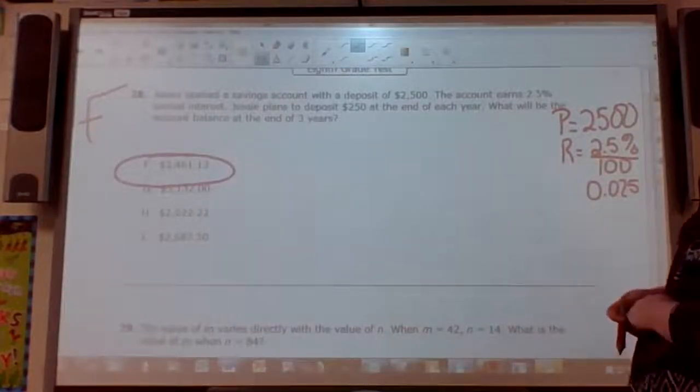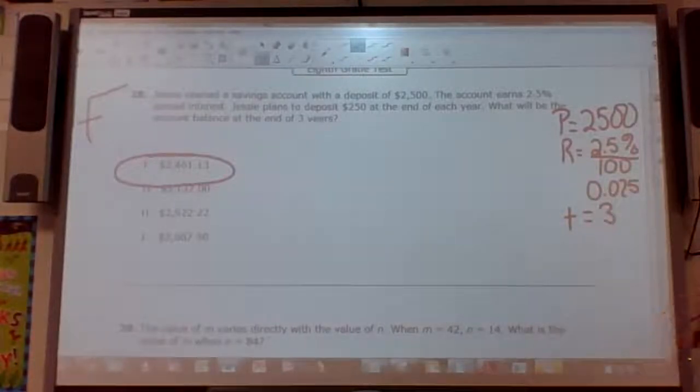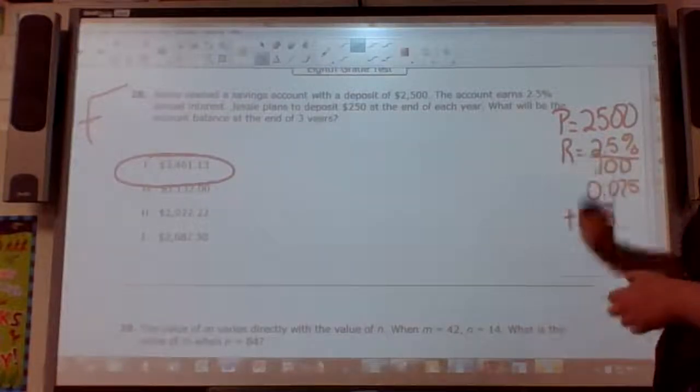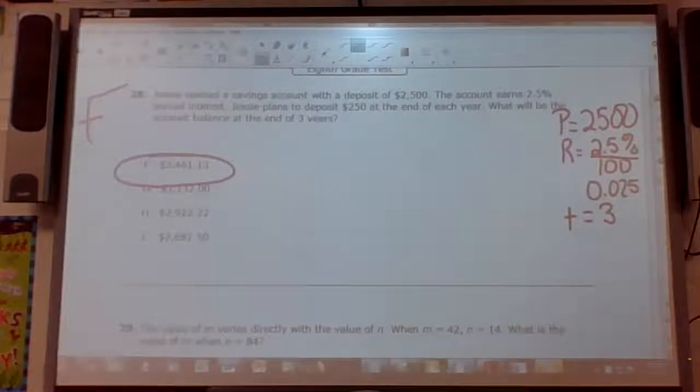And then it says time is 3 years. And every year he's adding $250 at the end of each year. So what would the account balance be at the end of 3 years?